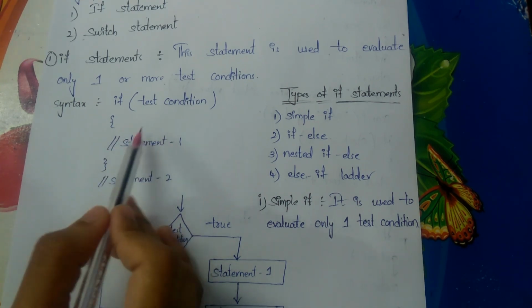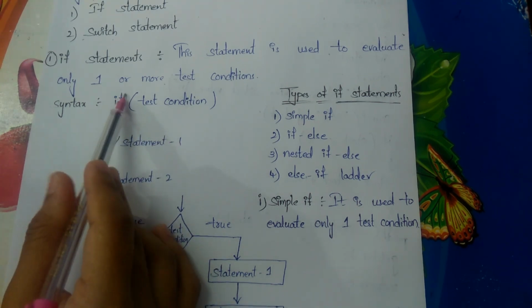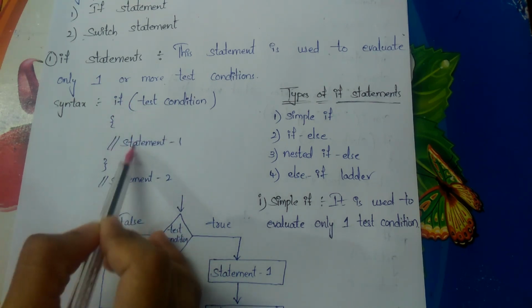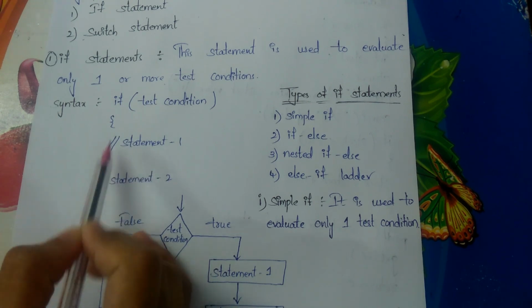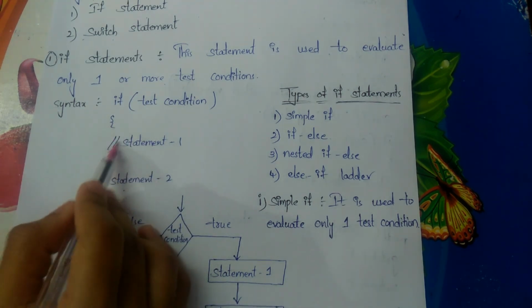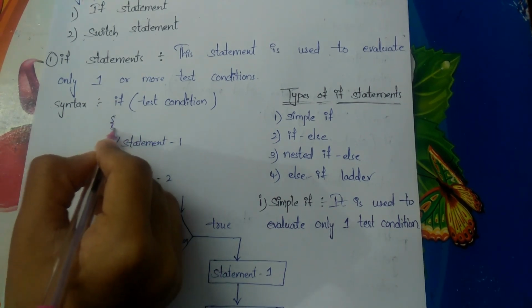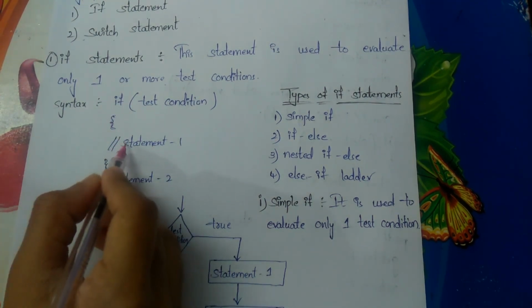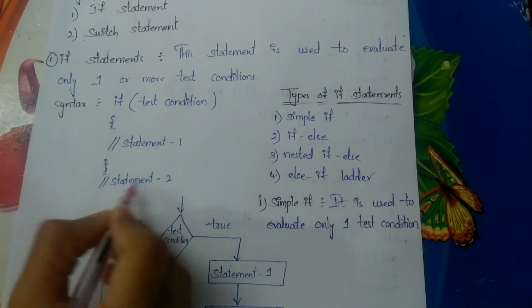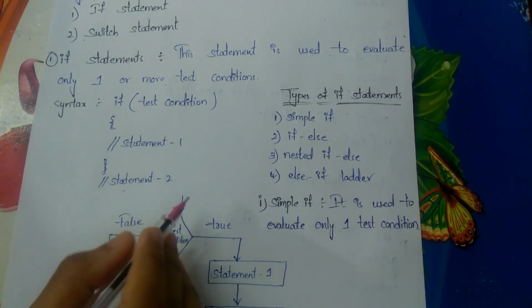Those statements are for the if test condition and are executed when the condition is true. Statement 2 I am writing outside of the if block. So the if will be closed, statement 1 is within the if block only, and statement 2 is outside of the if block.